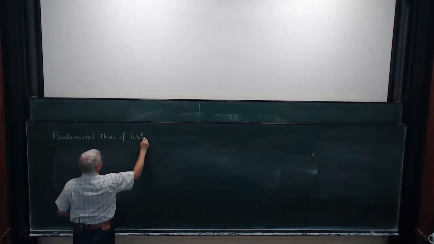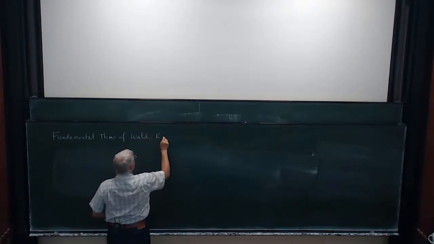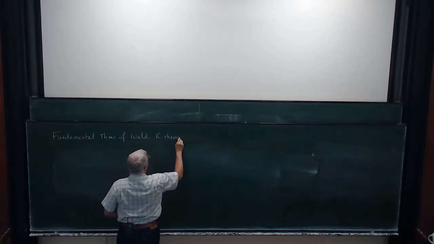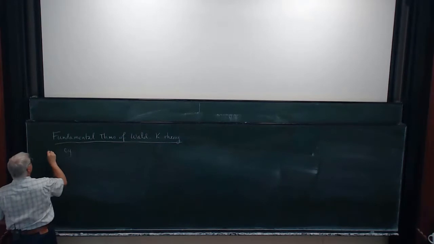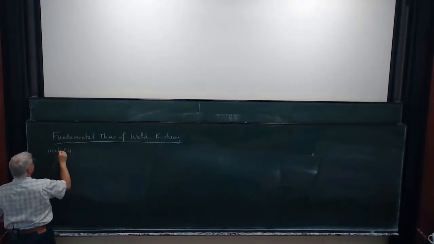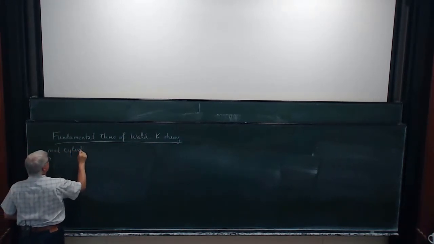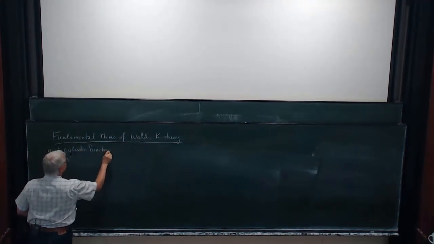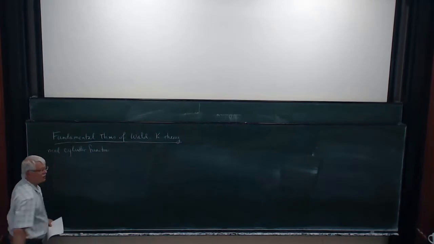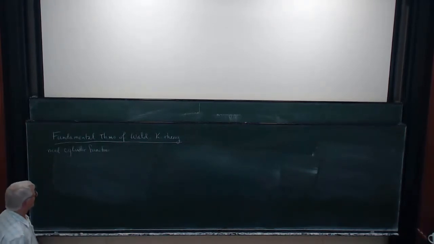So there are some fundamental theorems of Waldhausen K-theory, and all of these theorems need something called a cylinder functor.